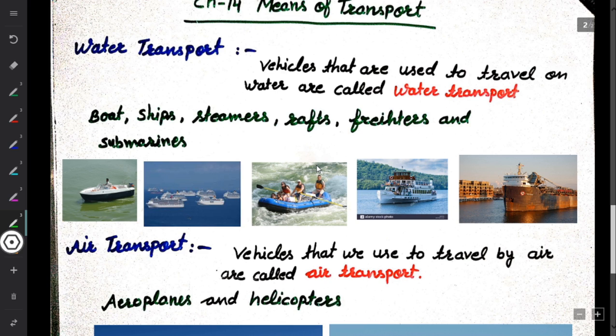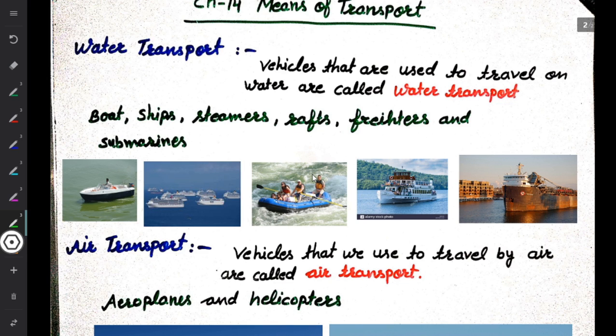Boats and ferries are used for traveling short distances. Ships cover very long distances. They are used for traveling to other countries of the world. Freighters are very large ships that carry heavy goods from one port to another.